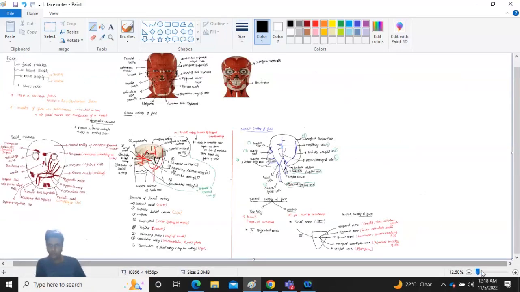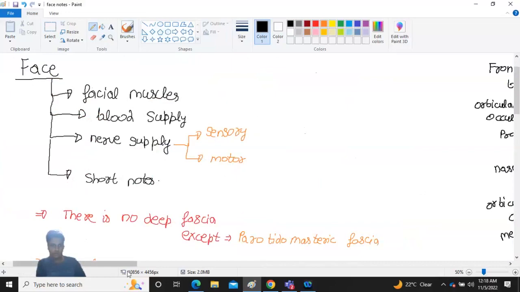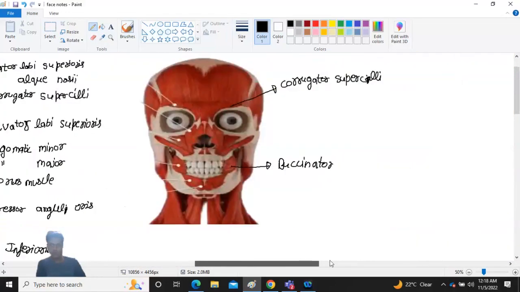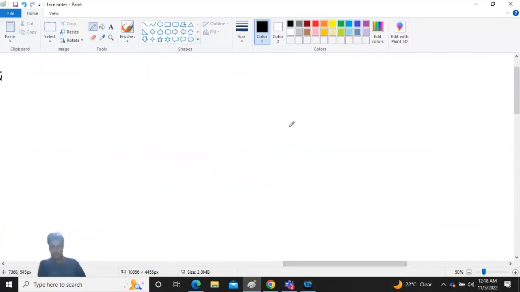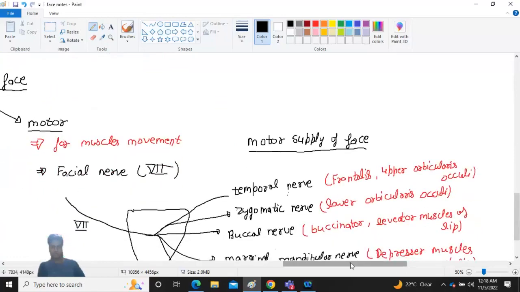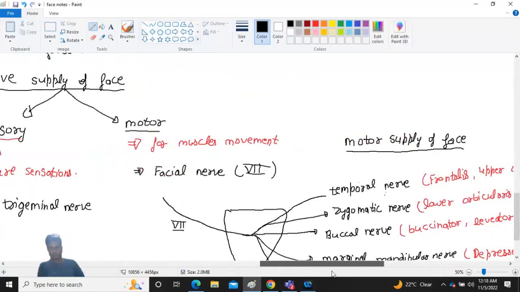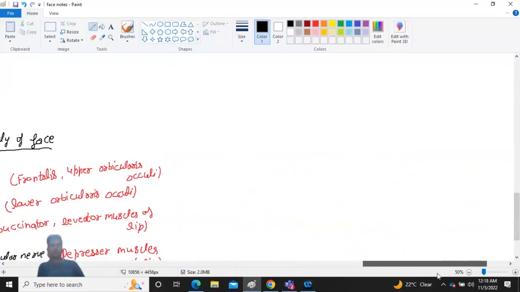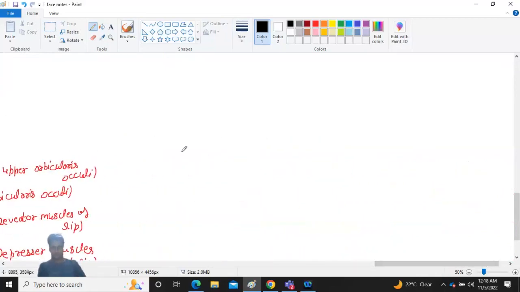So here we draw the sensory supply of face.